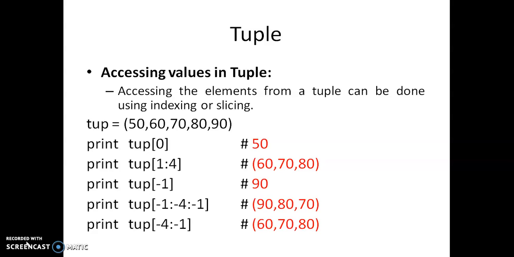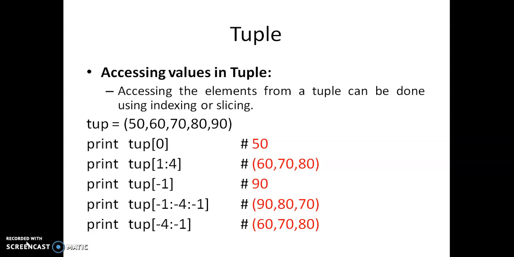Tup of 0 retrieves the first value of the tuple. Tup of 1 colon 4 retrieves the elements from index 1 to index 3, that is the second, third, and fourth elements: 60, 70, 80. 60's index is 1, 70's index is 2, 80's index is 3. So it gives us 60, 70 and 80. Next, tup of minus 1 retrieves the last element of the tuple, that is the last one, minus 1 is the 90.